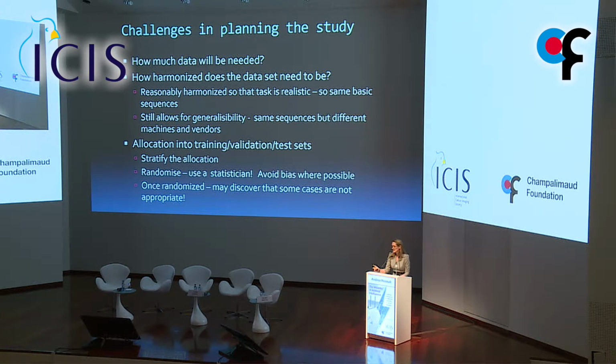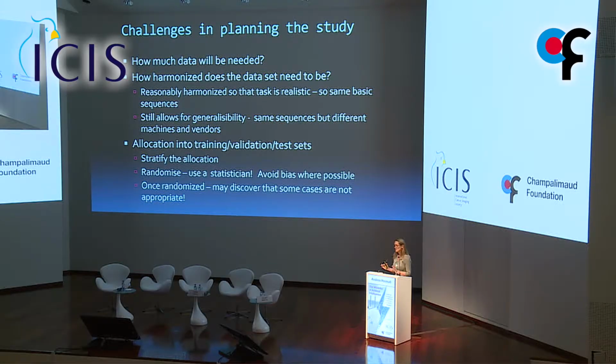And the next thing was, now we know how harmonized does the data need to be. I mean, we found that it needs to be reasonably harmonized so that the task is realistic, that we can actually achieve some form of learning. So we needed some basic sequences from the series, and we had to not use two studies that we had hoped to use in the overall machine learning study, because the data sets and the sequences were just too different.